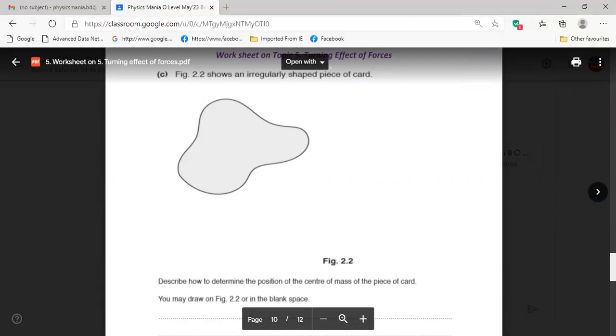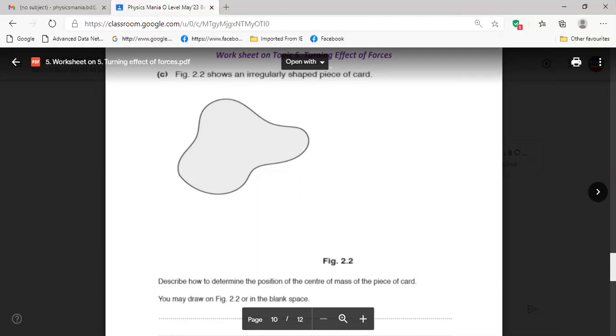Okay, so in this one we have to get the center of mass of a lamina, an irregularly shaped piece of card that is called a lamina. So how will you get that?